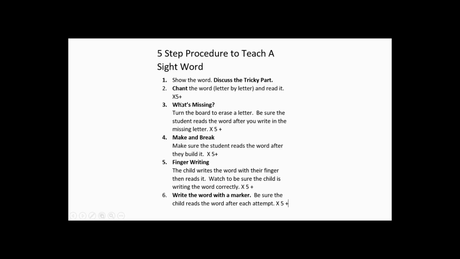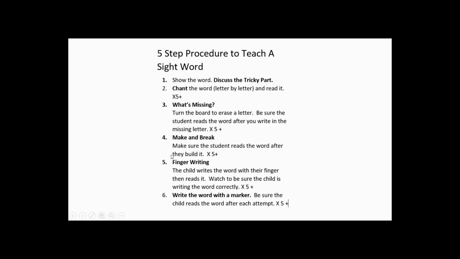So if a child has a problem at any point in this progression, here's our if-then statement. If the child has difficulty remembering the letter that's missing in what's missing, then you drop back a step and repeat this easier procedure. So these 6 procedural steps are written in order.